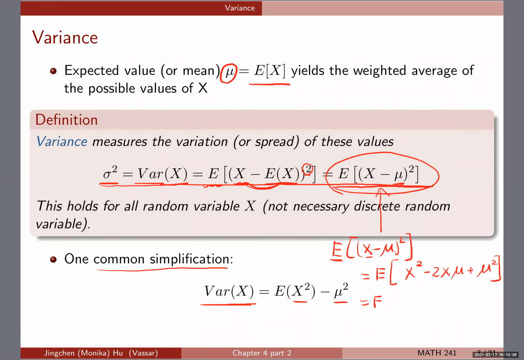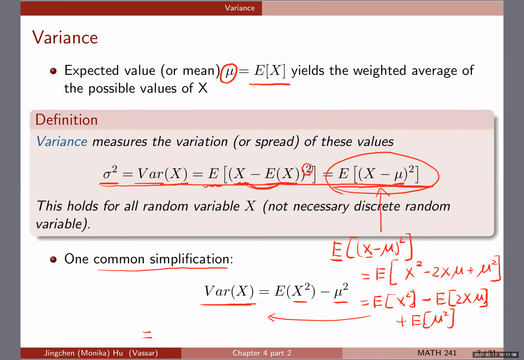So we can further simplify this. Let me write it in even more detail here. We're going to do the expectation of 2X mu, and then plus the expectation of mu squared. To further do this, keep in mind our properties of expectation.